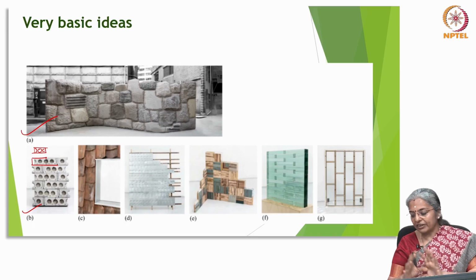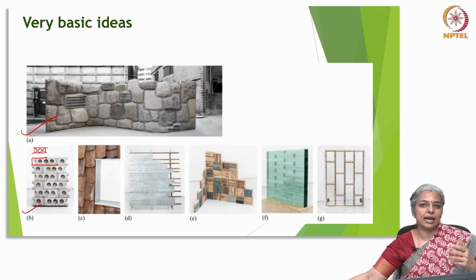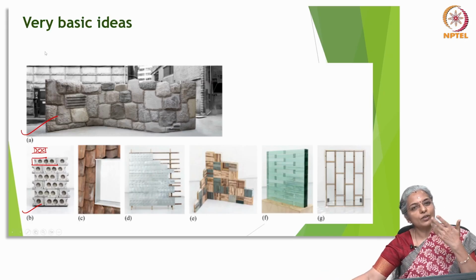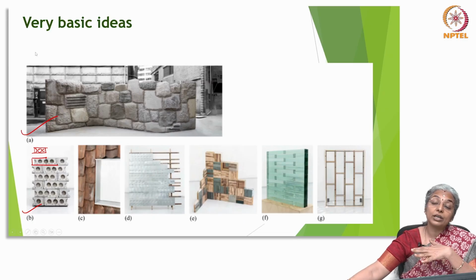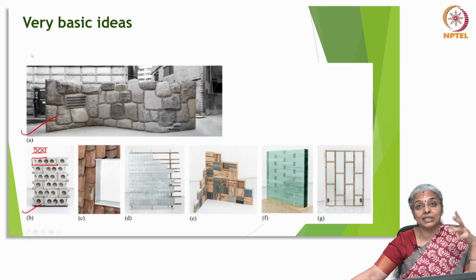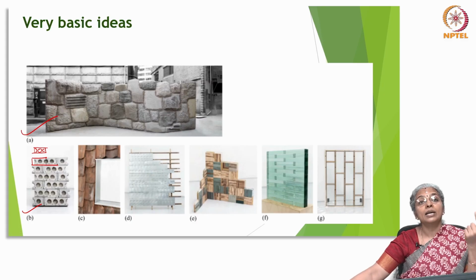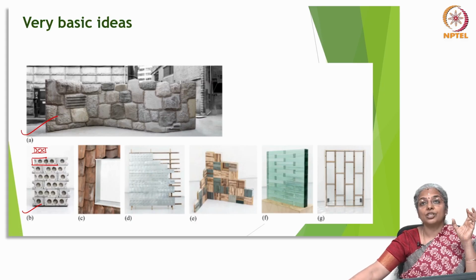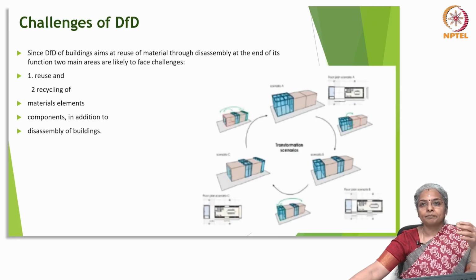So, these are all very random examples and very basic ideas which we are anyways doing, but you need to upscale your thought if you have to start looking at design for disassembly, because it comes with a large challenge packet.